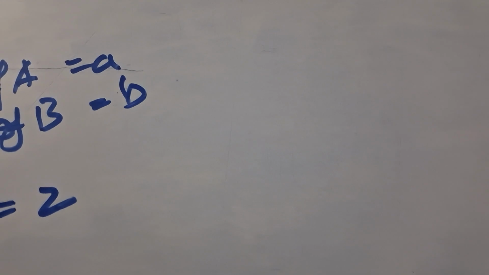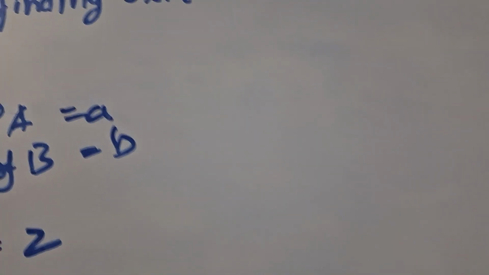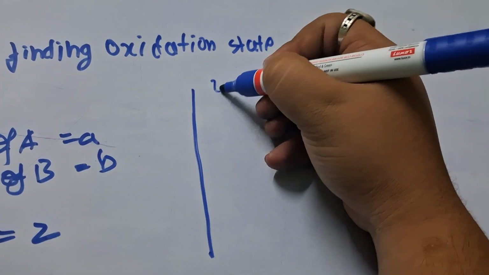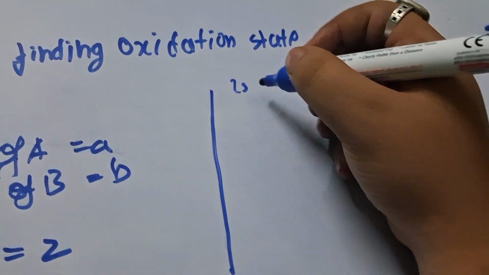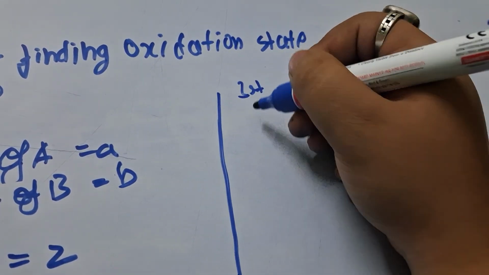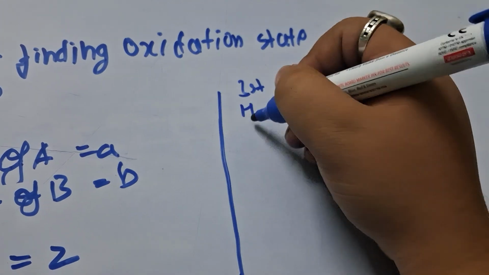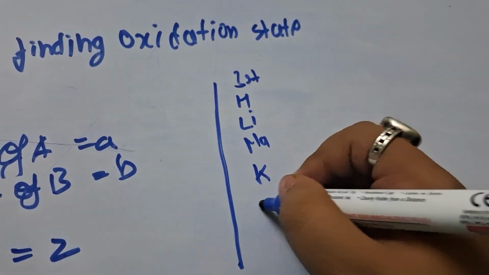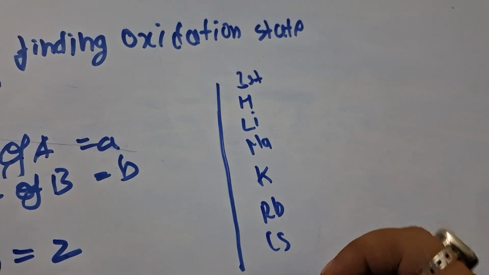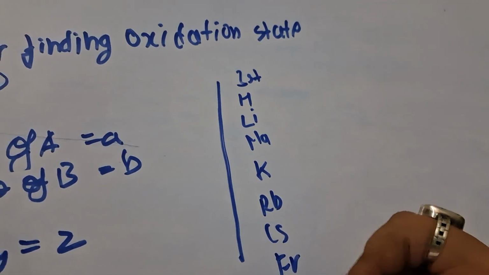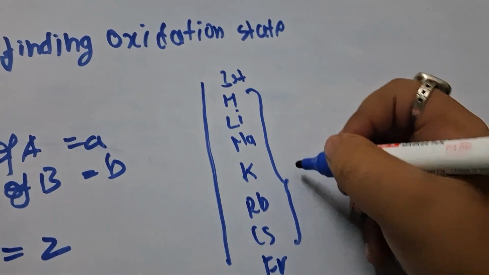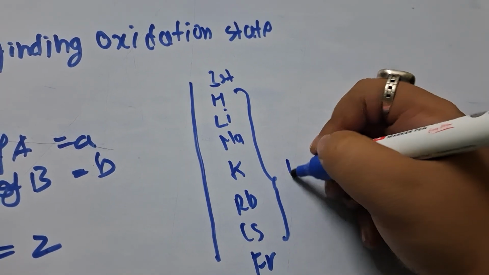Next, what do we have to do? Let's discuss some first group elements' oxidation number: H, Li, Na, K, Rb, Cs, Fr. Now for all of these, it is going to be plus 1.